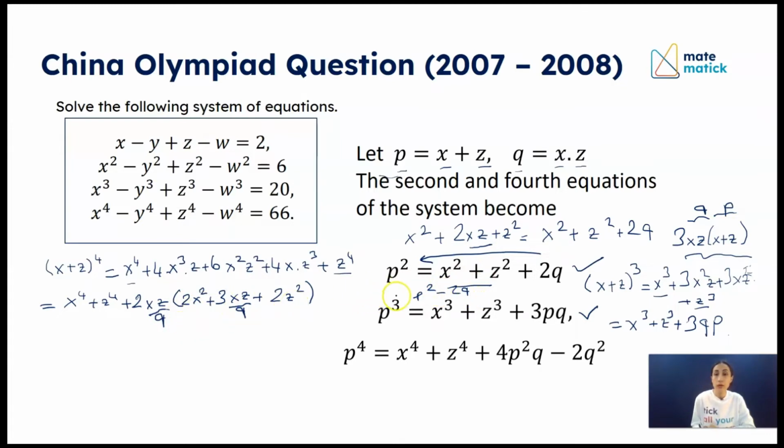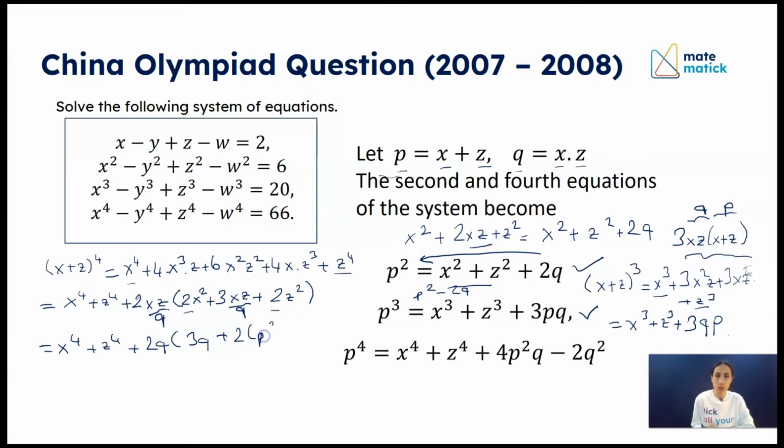So of course I will multiply this by 2 because here we have 2. So this will become x to the power of 4 plus z to the power of 4 plus 2q. And here I have this parenthesis: 3q plus 2 in the parenthesis of 2, and instead of x squared plus z squared, I'm going to write p squared minus 2q.